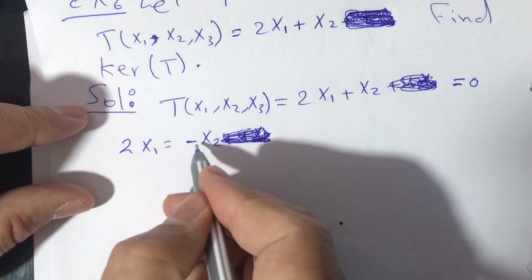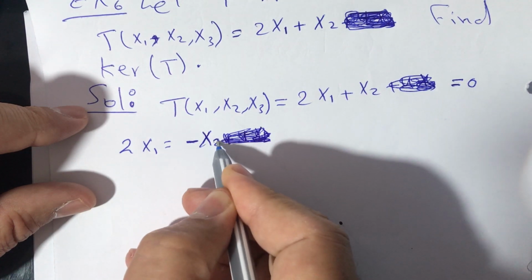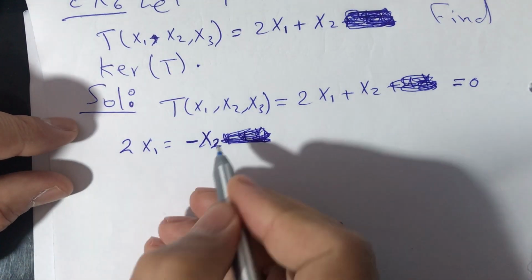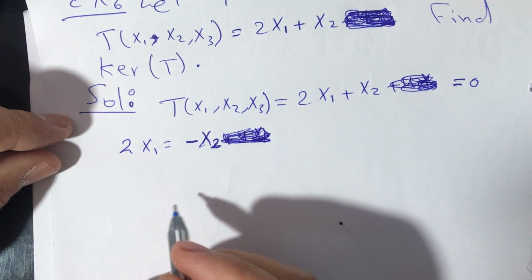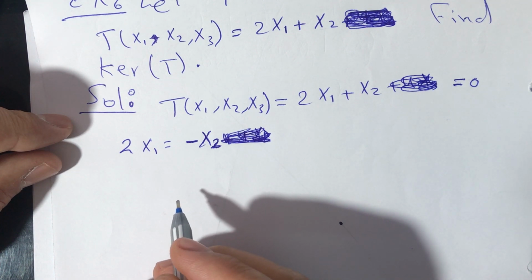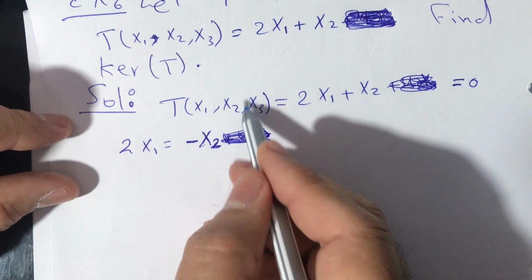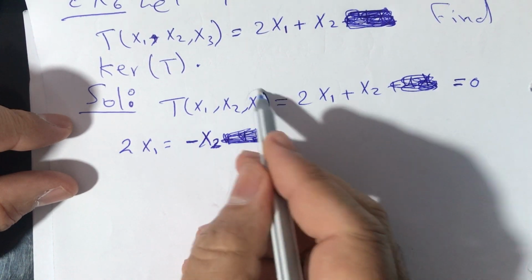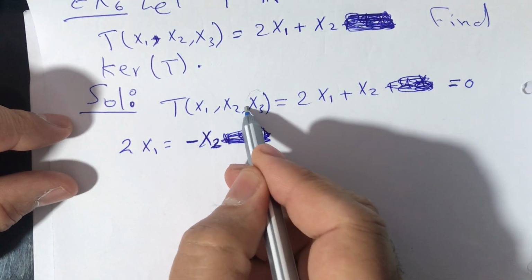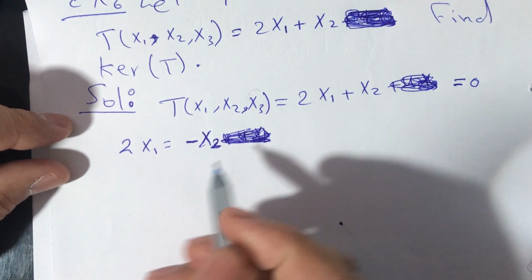Two x1 is equal to minus x2, and it doesn't matter about x3; any value works there.